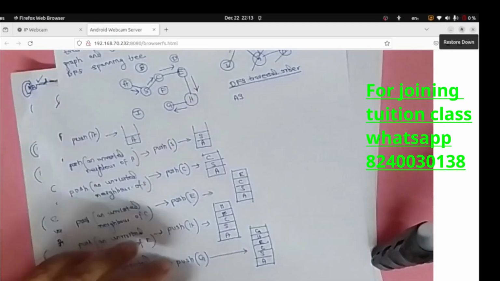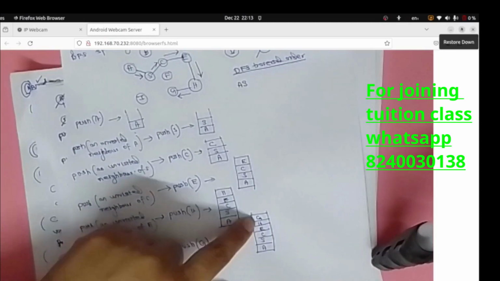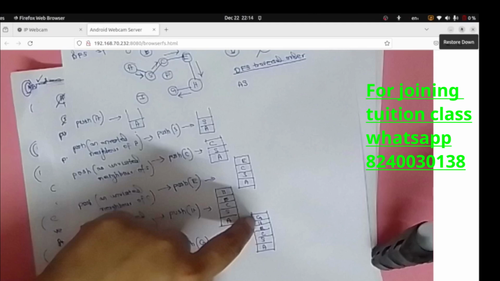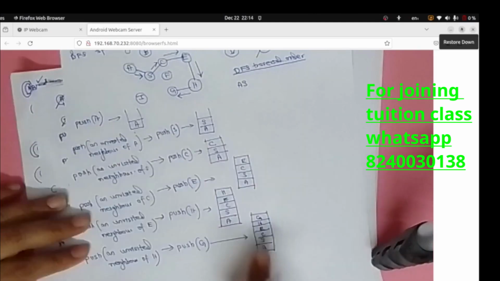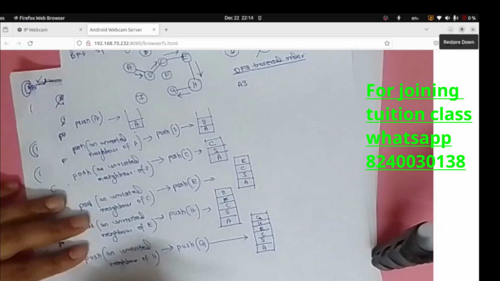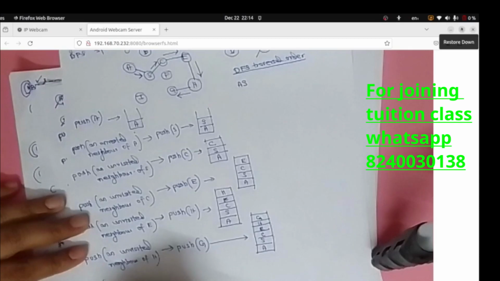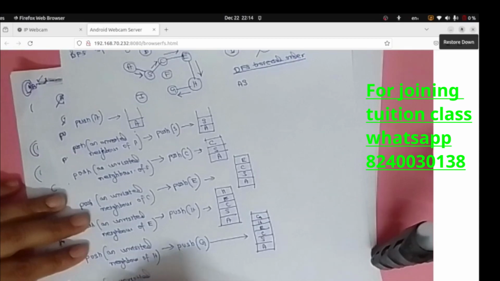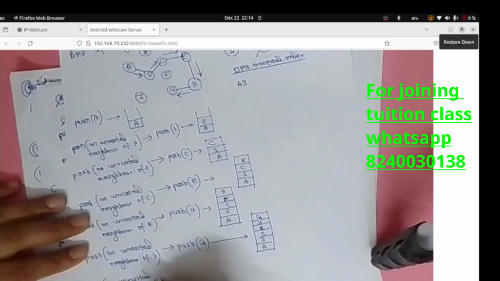Now the current topmost element of the stack is G. So a push operation will be performed related to the topmost element, that means related to G. So what will be the operation? Push an unvisited member of G. So is there any unvisited member of G?